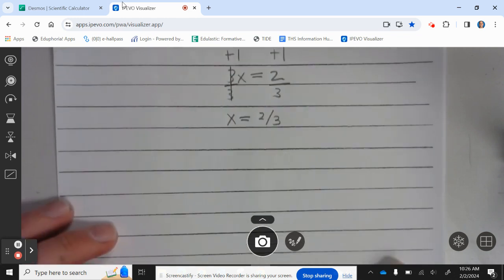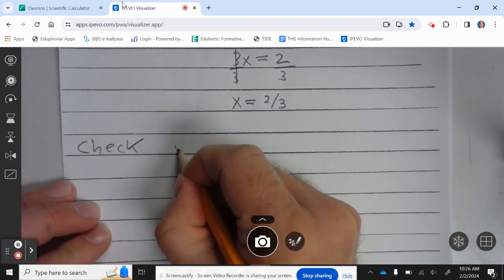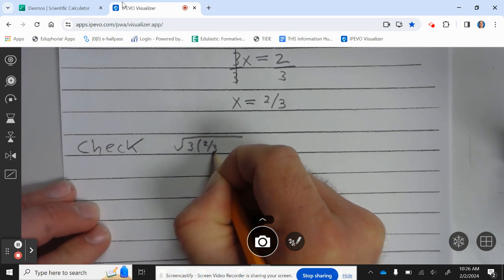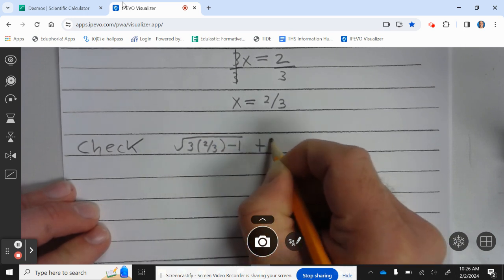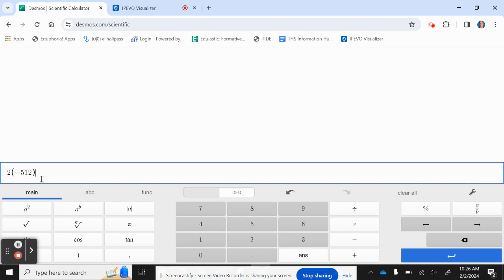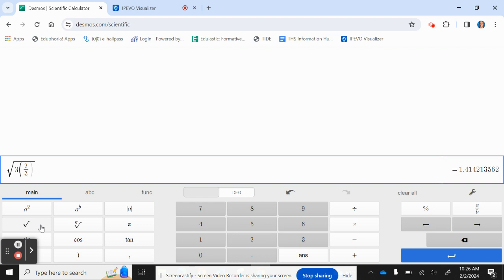All right, now let's check. So then we have the square root of 3 times 2/3 minus 1 plus 9 equals 8. Let's go ahead and just plug that whole thing, the left side, in the calculator. So then we have the square root of 3 times 2 divided by 3 minus 1 plus 9.